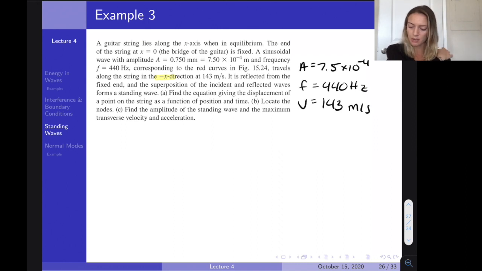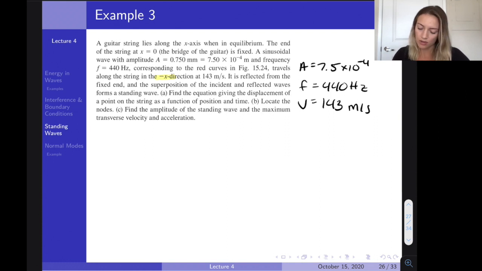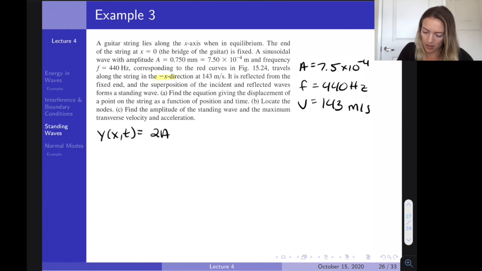We end up getting a standing wave from this string, and we want to find the equation of that standing wave. That's easy. We can just write our standing wave equation we had here, and then just find k and omega. So this is our standing wave equation.